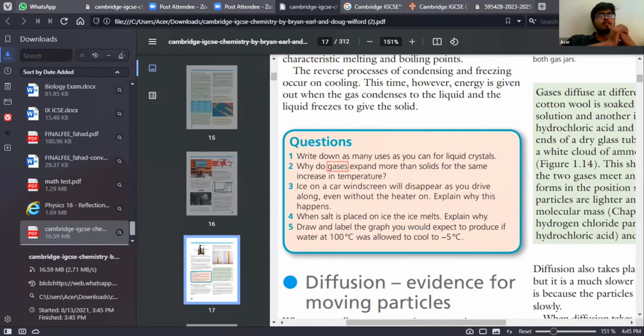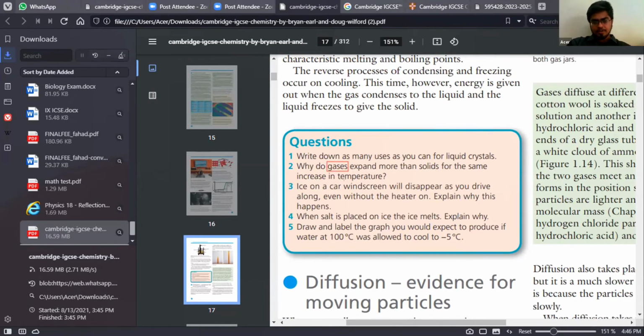If you want to write this answer in an exam, we'll just say that the kinetic energy or kinetic motion increases inside the gas particles, and they start moving even more randomly. Therefore, they expand even more than solids for the same temperature increase. Got it? Yes. Okay.